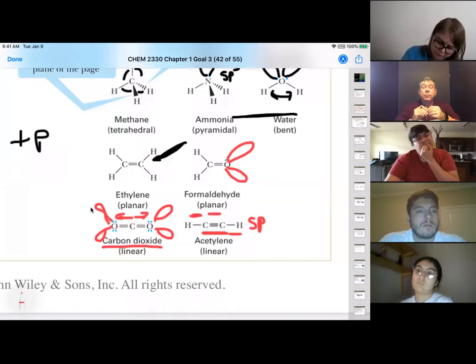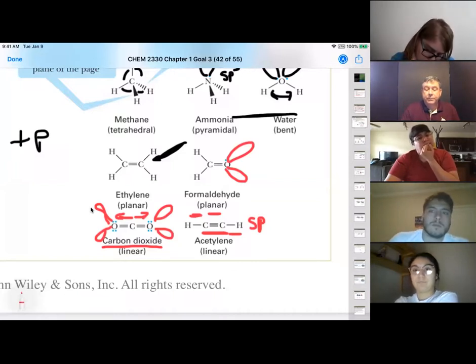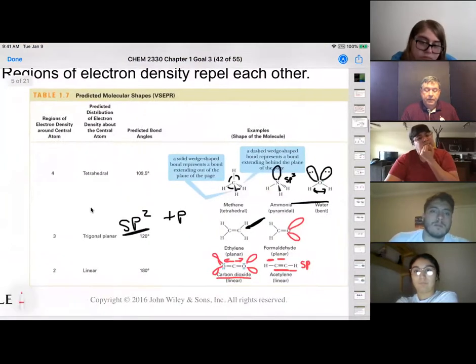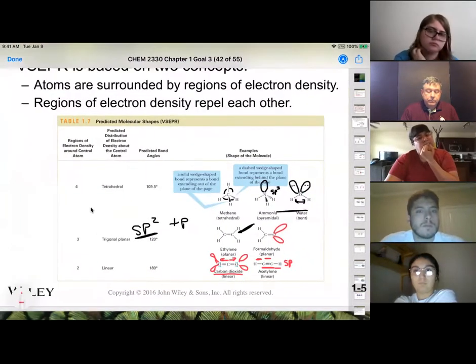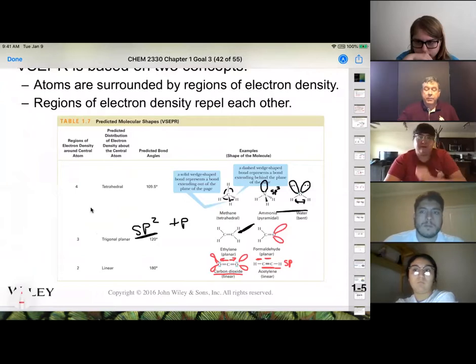So they each have 2 domains, and they each will be in a linear configuration. Okay, so the electrons, even if there's nothing bonded to them, still help change the geometry of the molecule.